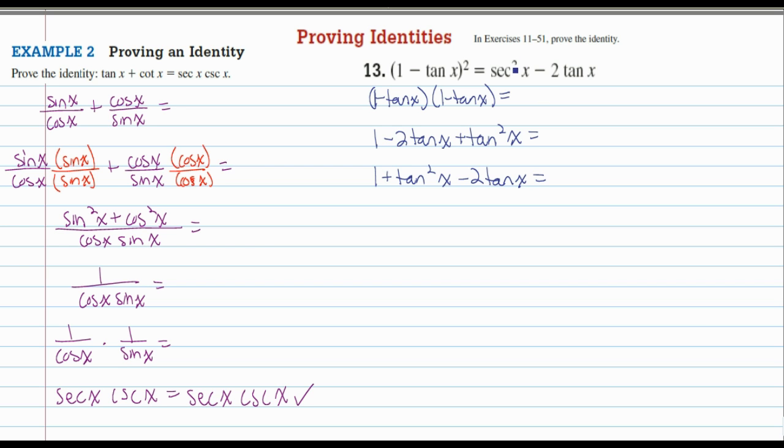Now this first part is supposed to look like secant squared of x. Turns out 1 plus tangent squared of x, by my Pythagorean identity, is secant squared of x. So secant squared of x minus 2 tangent of x is secant squared of x minus 2 tangent of x. I have just proved that the left side equals the right side.